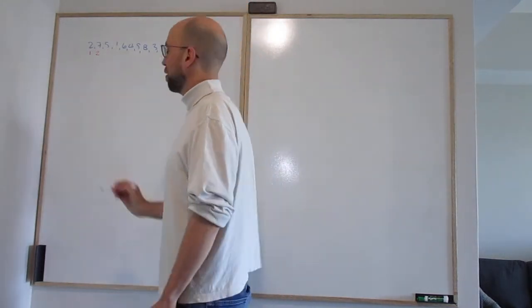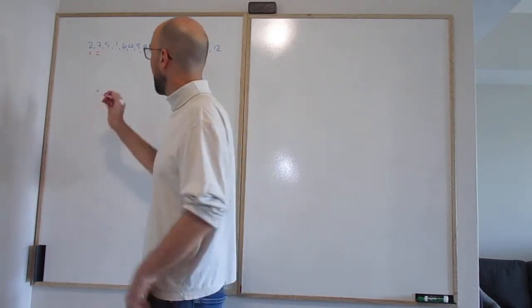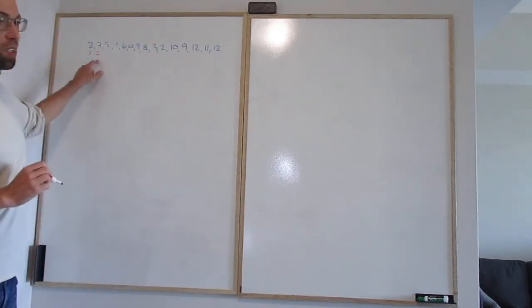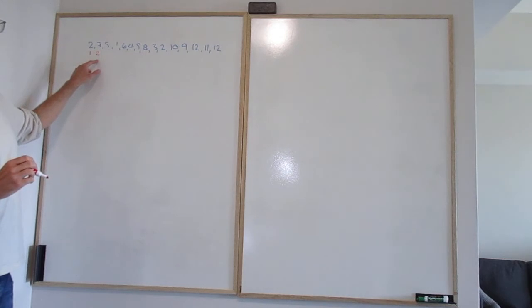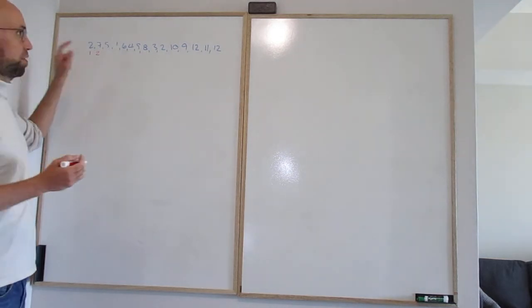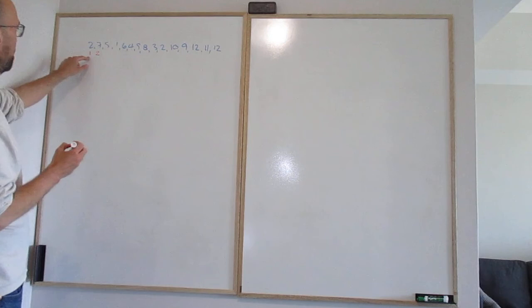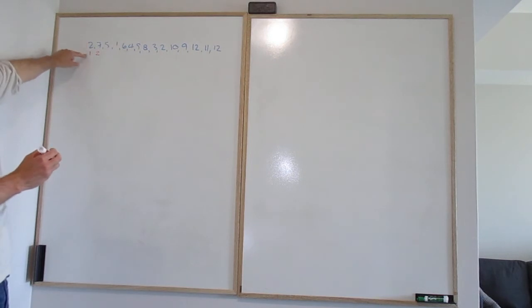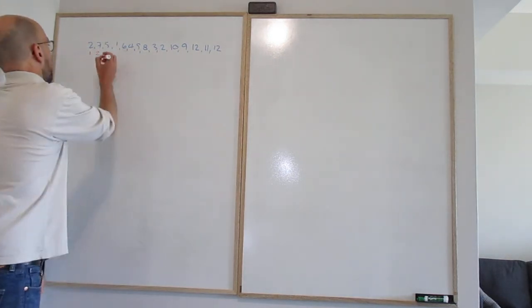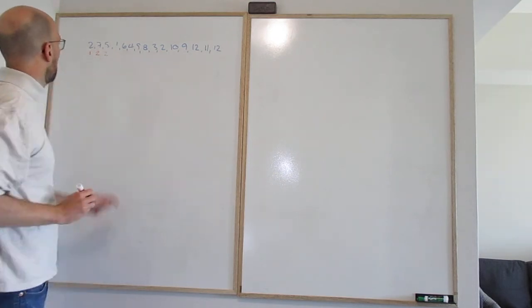So we do the same thing with 5. We look back, we ignore 7 because it's greater than or equal to 5, and the only thing we can add to is this list of length 1 that ends at 2, so this is a 2.